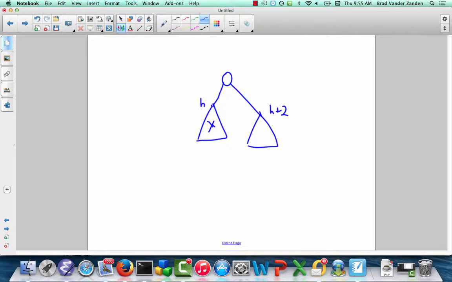So there's going to be a difference of 2 with the right subtree having the greater height. Okay? So when we detect the imbalance, what we do is we figure out which tree has the greater height. In fact, we're agnostic. We don't care whether the delete occurred in the left or right subtree. We simply look and see which of our two trees has the greater height, which in this case is the right subtree.